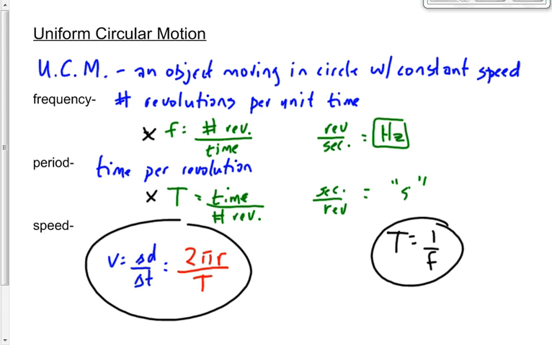That means T is not equal to f. T is equal to the inverse of f. And similarly, f is equal to the inverse of t. So we've seen 4 equations here today. This one, this one, this one, and this one. 2 of them do appear in your data sheet. 2 of them are really just definitions.